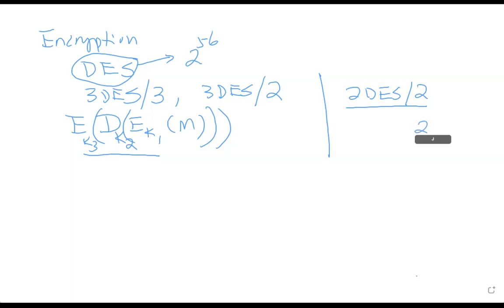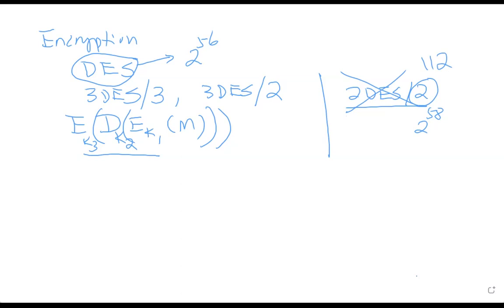So that's 2 to the 58, even though the key length is 112 bits because you're using 2 keys. So 2DES is not secure.